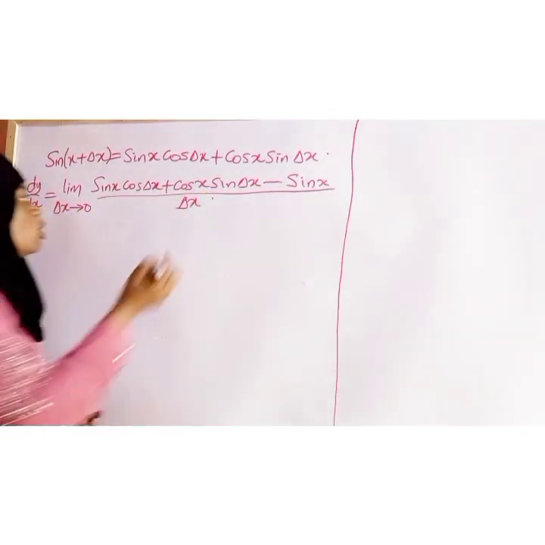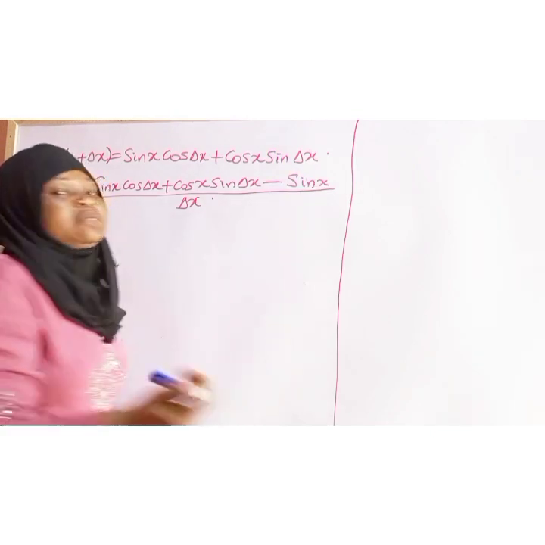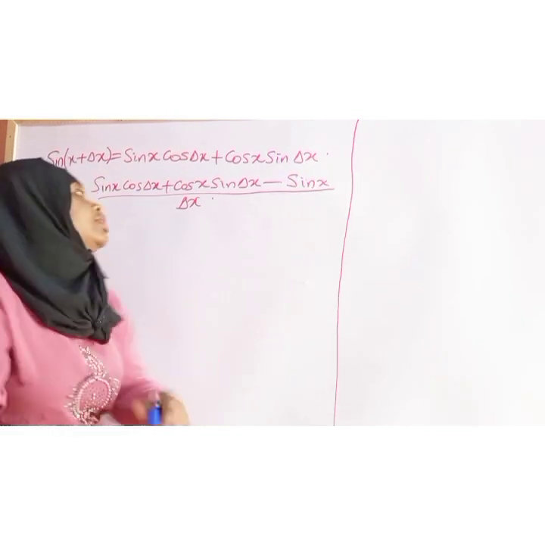So what can you see? What can you observe here? You can see that there's sine x here. There's also sine x here. So it means that we can collect the like terms together.